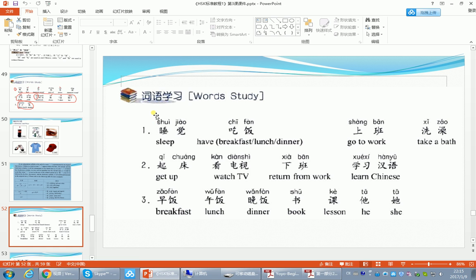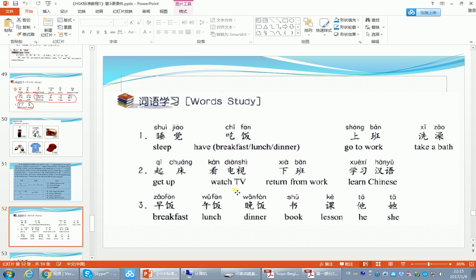Okay, now we can learn some words. First one, 睡觉 sleep. 吃饭 have a meal. How do we say have breakfast? 吃早饭. Have lunch, 吃午饭. Have dinner, 吃晚饭.